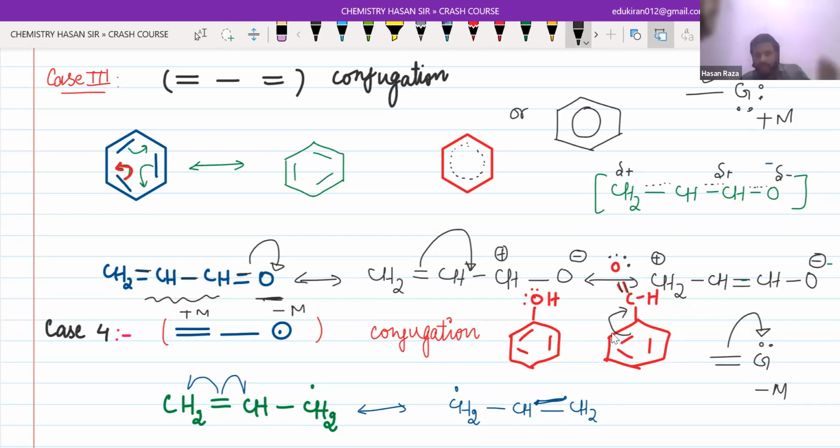It will decrease the electron density of the benzene ring. And since this is singly bonded, it will donate or increase the electron density. Is that clear? This is a simple trick. That's why I'm telling you.